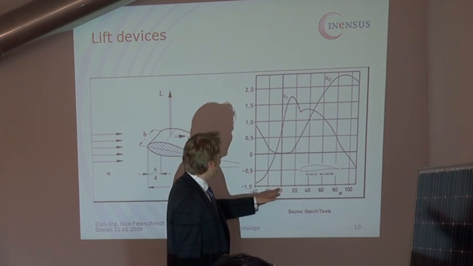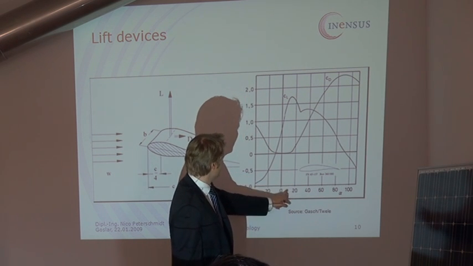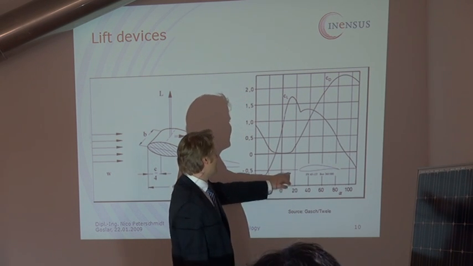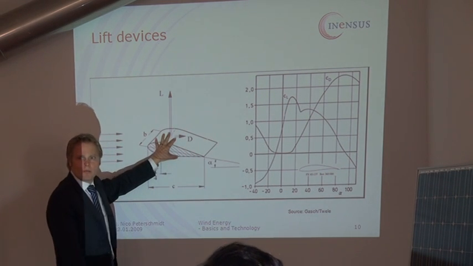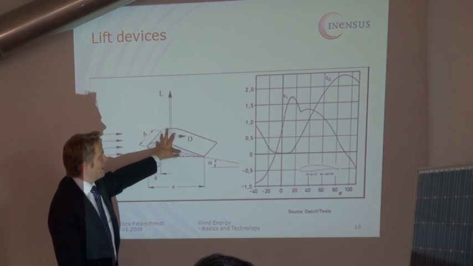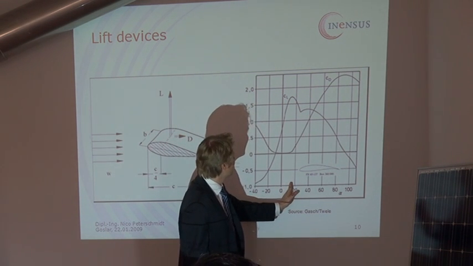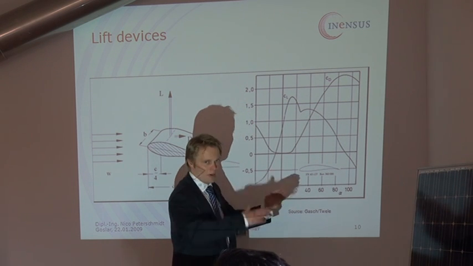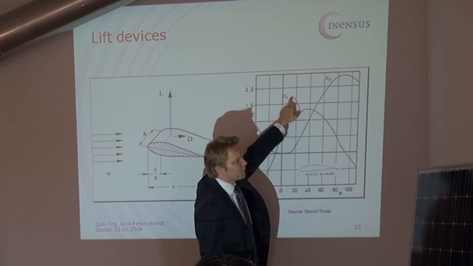So if you choose an angle of attack of, for example, some 17 or 18 degrees for this type of blade, this diagram changes with the type of blade, so there are many different types of blades. For this specific type of blade, if you have some 15 degrees of angle, you have the maximum lift force.